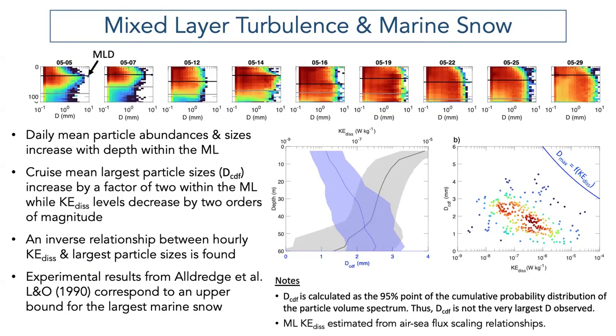And so what you're seeing is that the particle sizes and particle volumes seem to increase as we move from the surface ocean down towards the mixed layer depth.